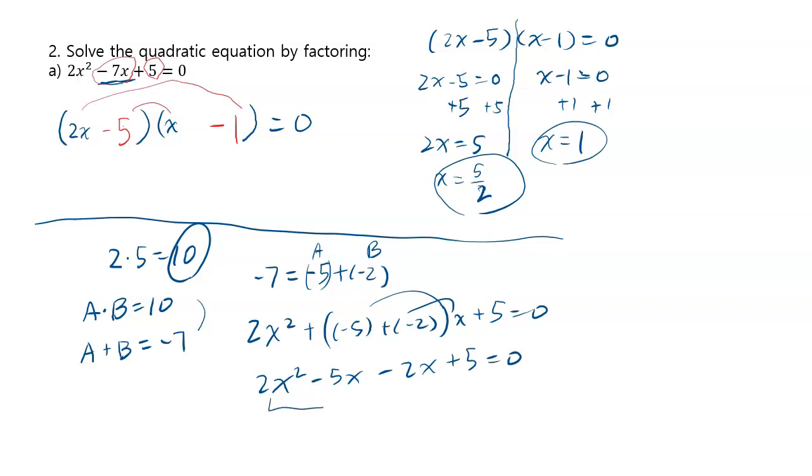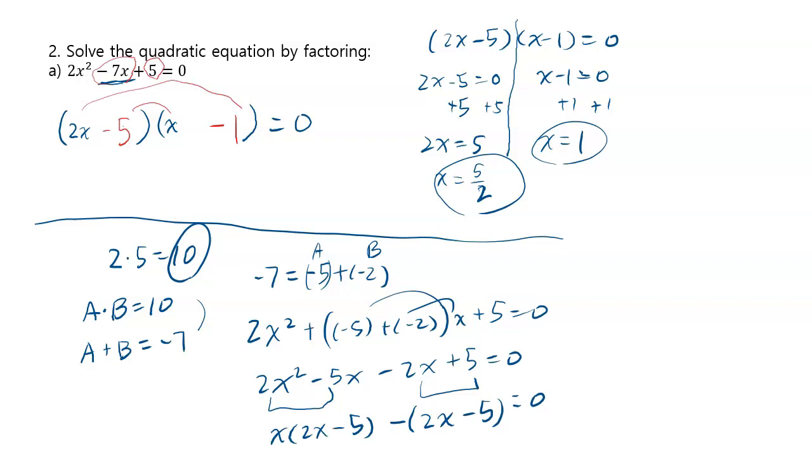Now these two have the common factor x, and if you factor x out, this is what you get. And for these two, whenever you have a minus, you factor out the negative, so it becomes 2x minus 5.